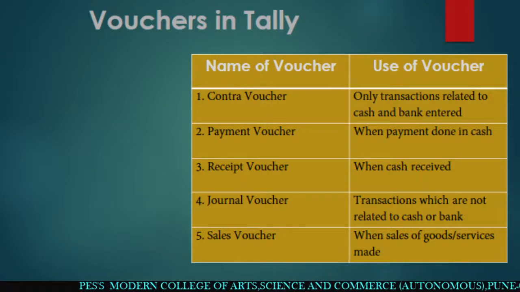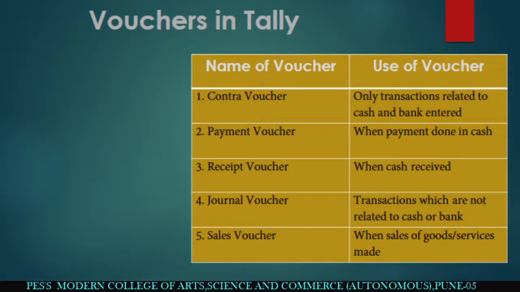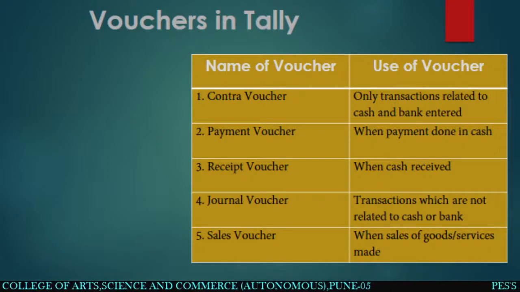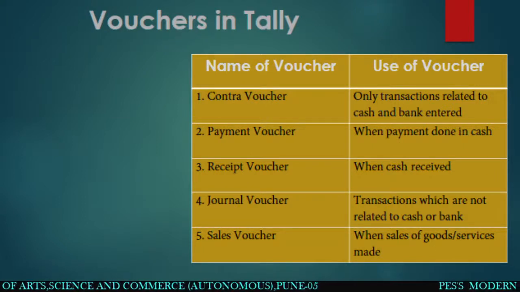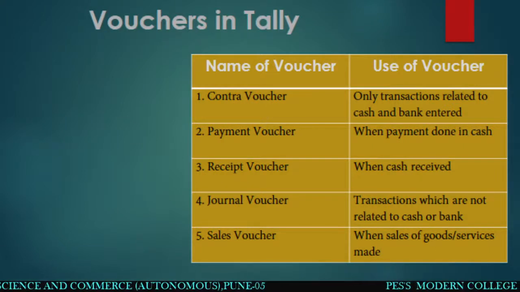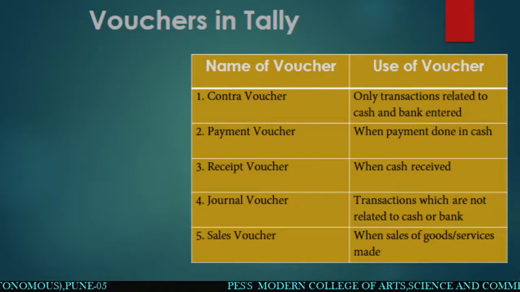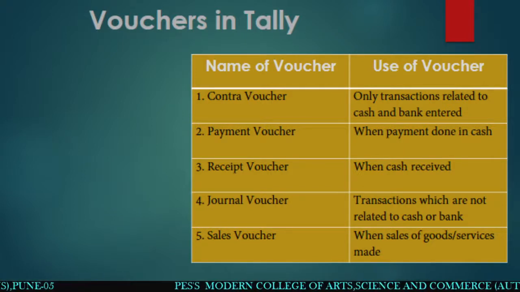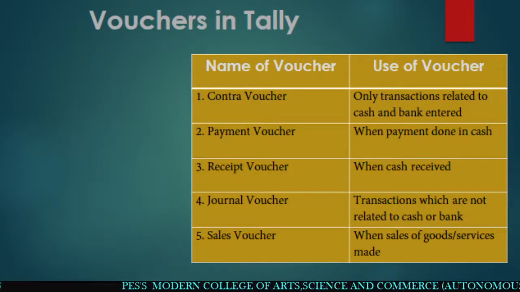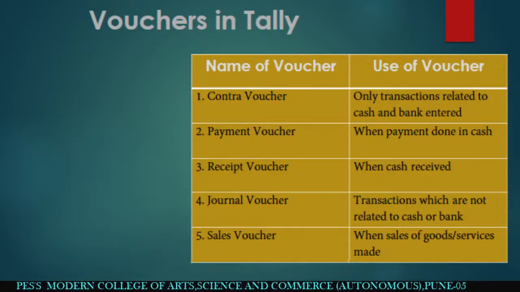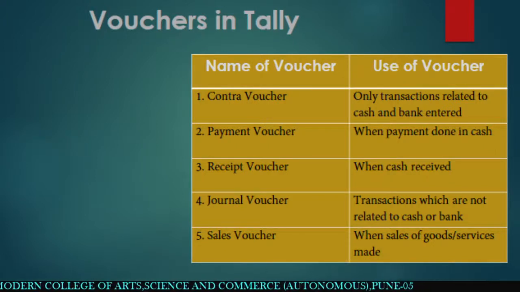It means that in Tally, when you enter a journal voucher, if you want to debit cash or bank, that is not going to be accepted. The scroll down list in the background will not show you cash or bank in a journal voucher, because that is not the feature of the journal voucher. So the entries which do not have cash or bank as a debit or credit are all recorded in the journal.